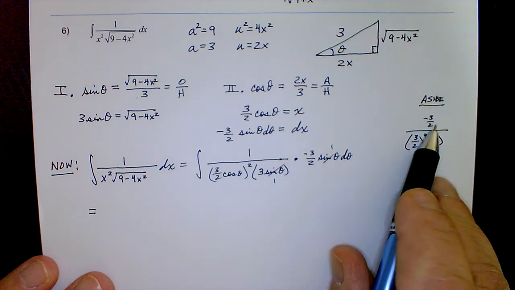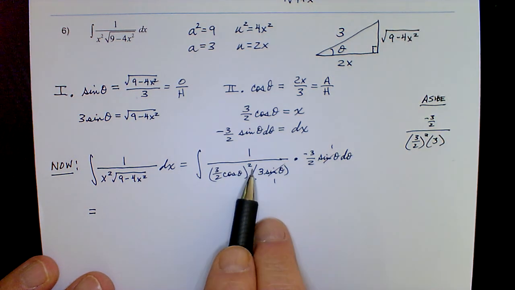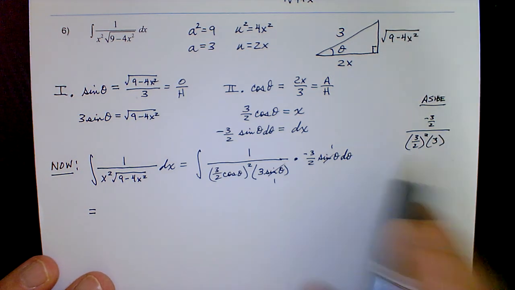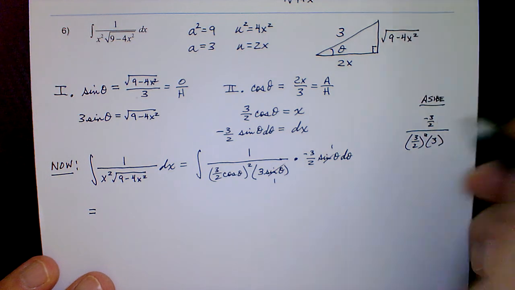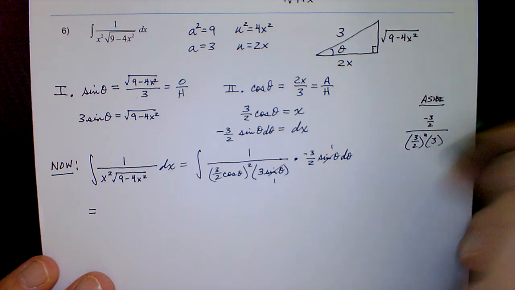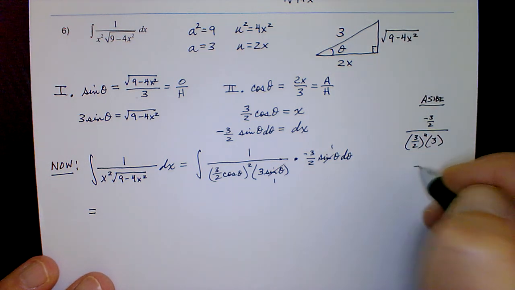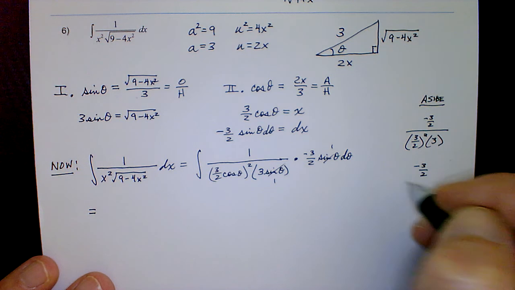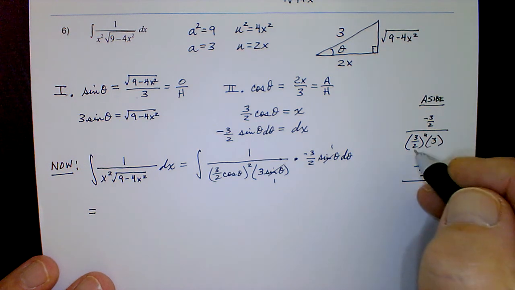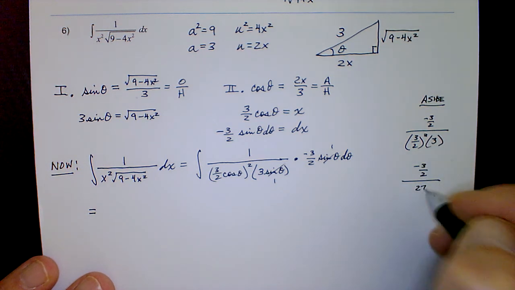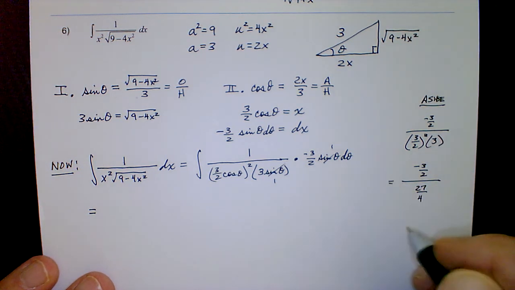So there's the negative 3 halves in the numerator. There's the 3 halves being squared and times a 3. If you're really clever, you can cancel 1 factor of 3 halves out and work it out from there. But by brute force, you can get this, let's say minus 3 halves over, that'd be 9 fourths times 3, 27 fourths.